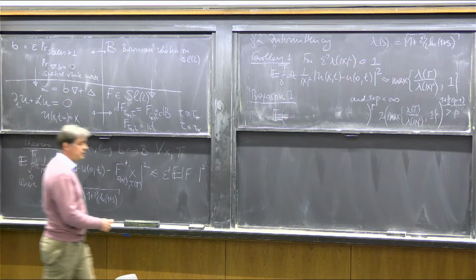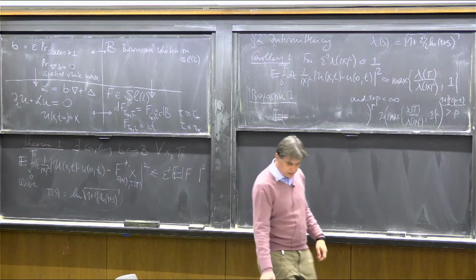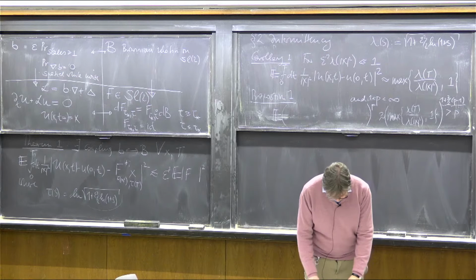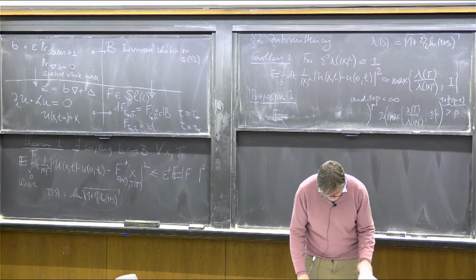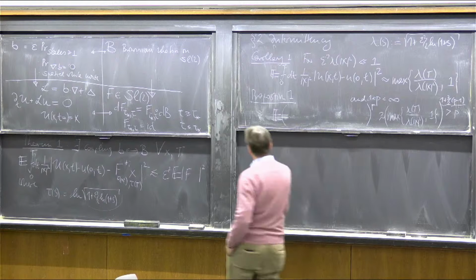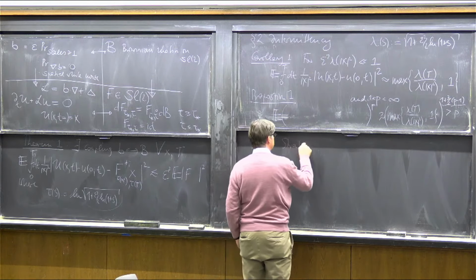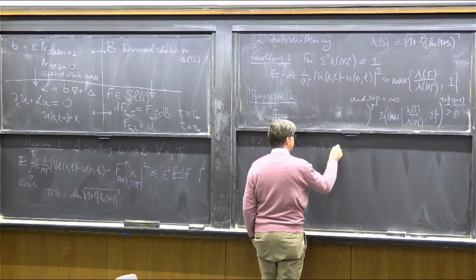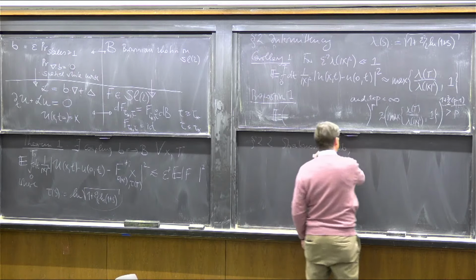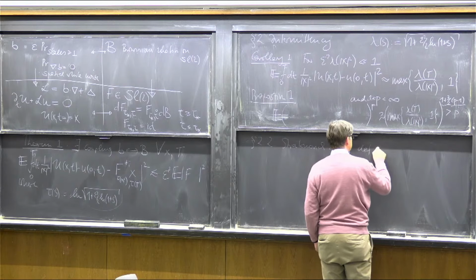So that was what we were in the middle of last time. I first told you a bit about Stratonovich and Ito, and then we'll give you the definition of B.